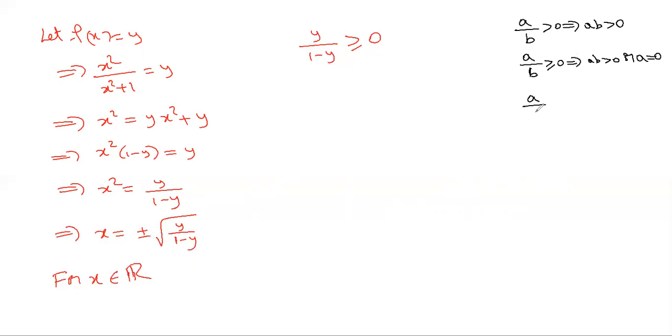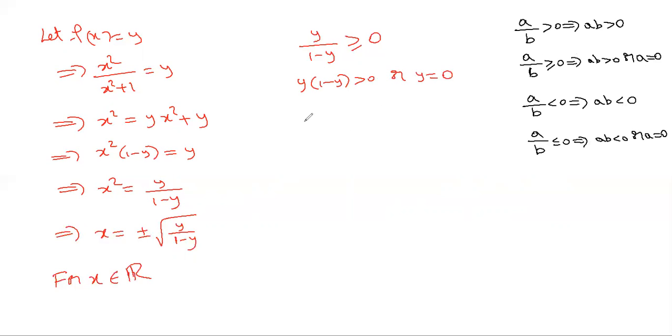Same way for the denominator negative also. A by b less than 0 implies ab less than 0. A by b less than or equal to 0 implies ab less than 0 or a equal to 0. The numerator is allowed to be 0. If you use that logic here, y into 1 minus y greater than 0 or y equal to 0.